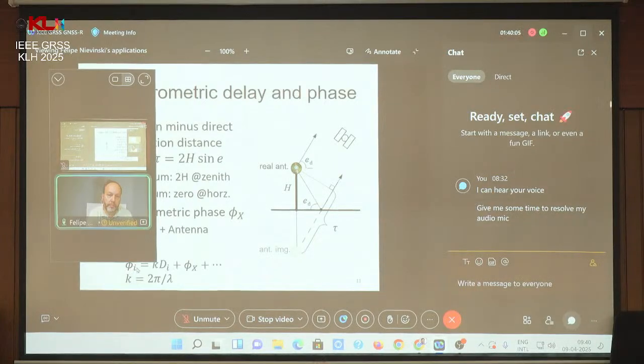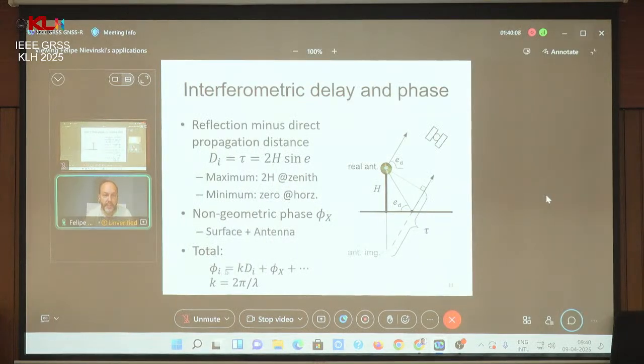So the total phase will have a geometric component that is the largest component, and we will have a secondary component that is complicated because it depends on the polarization of the signal, not only of the geometry, but also of the surface material composition.